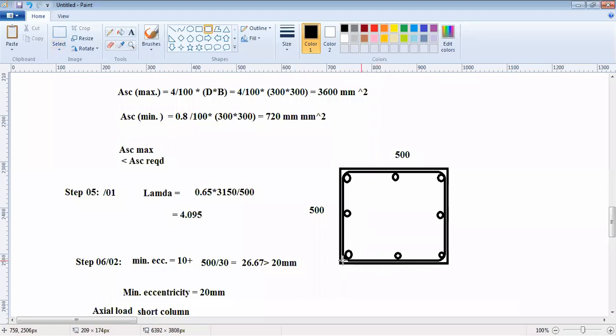The next step is to provide the rings. The rings would be one like this. Now each side is greater than 300, so in that case you need to provide at least a cross tie for the central bars. The cross ties would be somewhat like this.